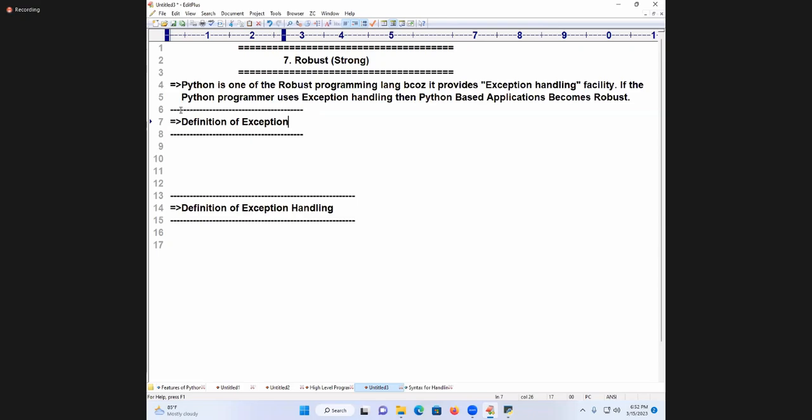When an exception comes, you will get a technical error message. Who will not understand it? The end user. Who will understand it? The programmer. All sorts of runtime errors are called exceptions. Runtime errors means what? An ATM application runs 24/7, correct? It is under running only.